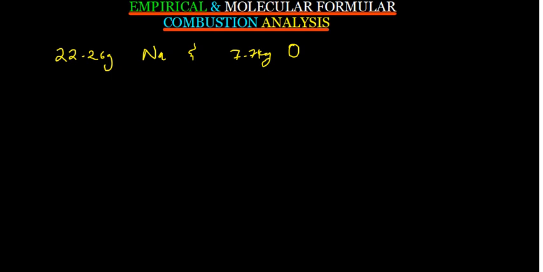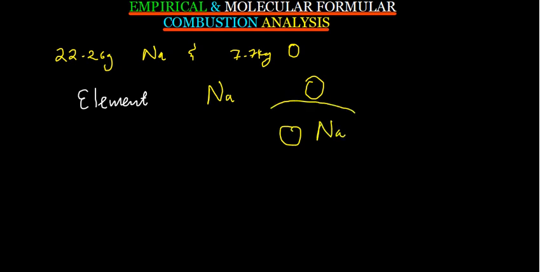Now, if you have got a compound which contains sodium and oxygen in this proportion, and you want to find the empirical formula of such a compound, I'll show you the simple steps to take. I'll first write element, and the elements that we have are sodium and oxygen. Make sure that you write them in the order they have given you, because you can't have oxygen and sodium reacting like this.